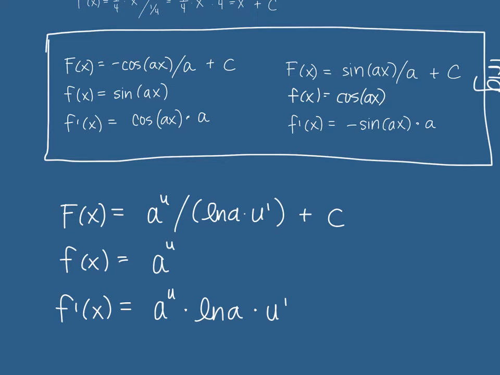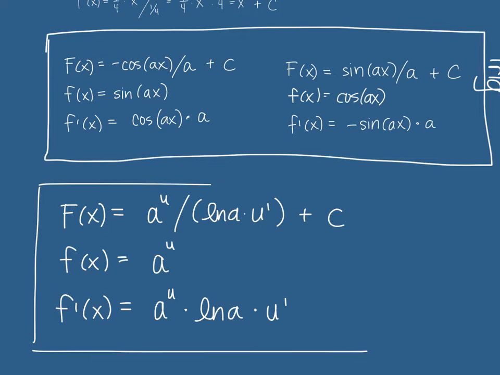Okay, because the derivative was multiplying by those two things, the antiderivative is simply dividing by those two things, and remembering plus c. All right, that's the exponential.